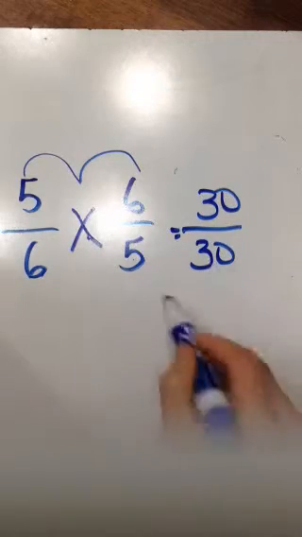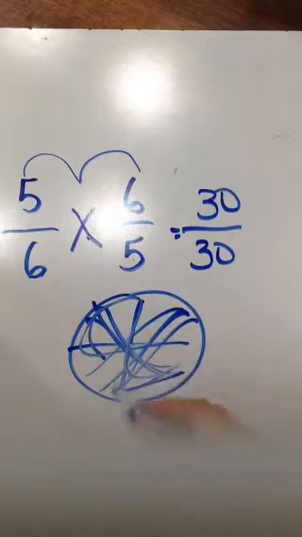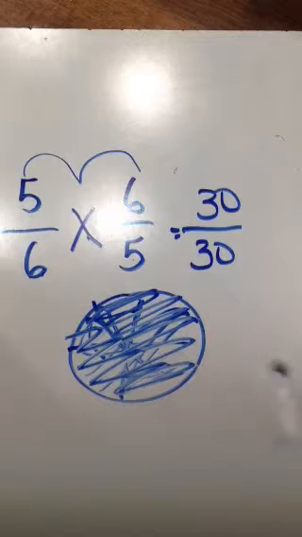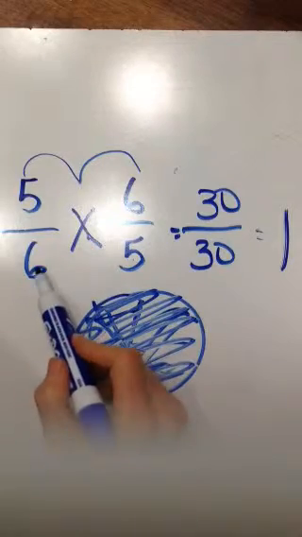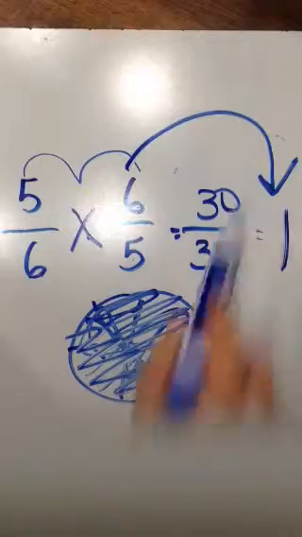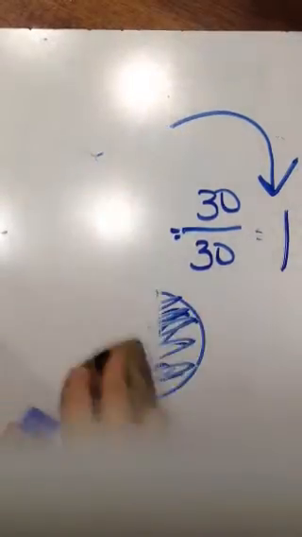So 30 out of 30, that would mean if I had 30 different pieces broken up, and I filled in 30 out of the 30, what do you notice happens? I fill in a whole 1, okay? So no matter what we do, when we multiply a fraction by its reciprocal, we always get the answer of a whole 1. 1 whole, okay? Now, I just wanted to review that with you because then they're going to ask you something like this, okay?